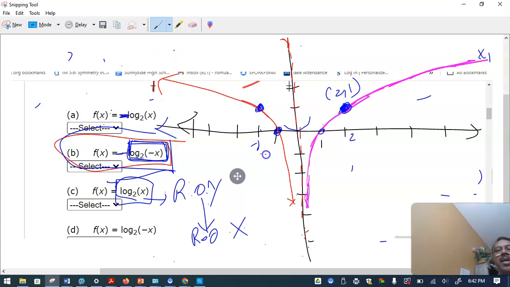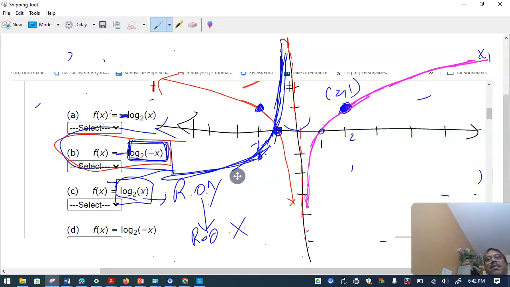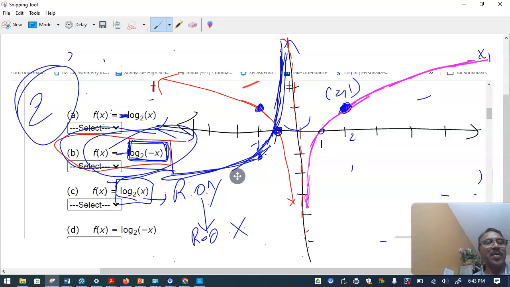This point will go right here. This point will remain. That means the graph will go something like this. So this will be the graph of minus log. It means two reflections are happening. Reflect over the y-axis first, and then reflect over the x-axis. I hope I'm making sense. So that should clarify question number 2. Let's go to question number 3.